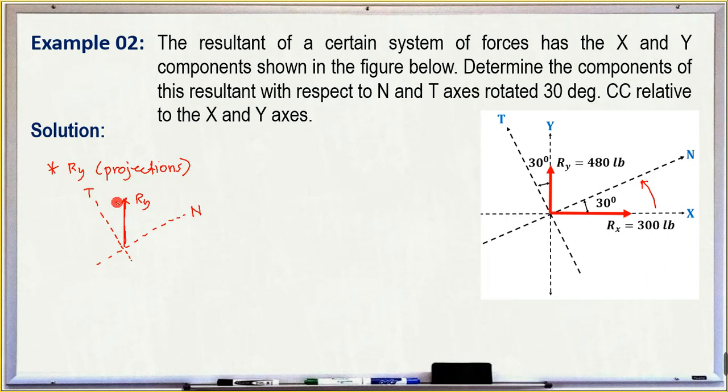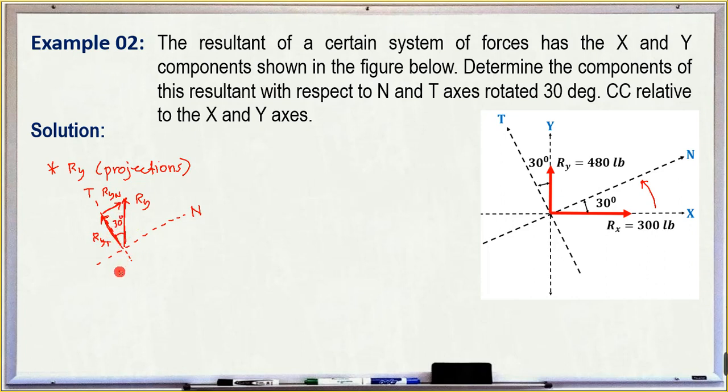Now, we can resolve this Ry along t and along n. So this is its resolution parallel to n, and this one is its equivalent component parallel to t. We can label this one as Ryt, and this is Ryn. I hope you are following. And then this angle is 30 degrees.